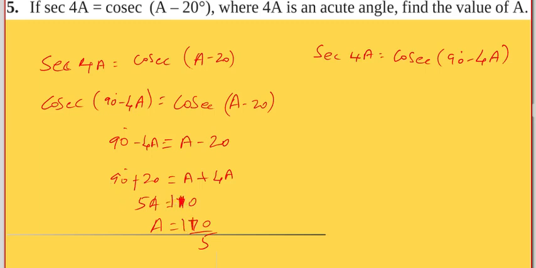So we have to add. This negative becomes positive here. So A plus 4A becomes 5A. 90 plus 20, 110. So 110 divided by 5. 110 if you divide, 2 5s are 10, and again 2 5s are 10, we will get 22. So what is the value of A? A is 22 degrees. What we have to find? Find the value of A only, no? So A is 22 degrees. That's it.